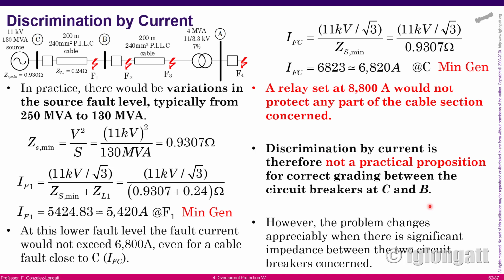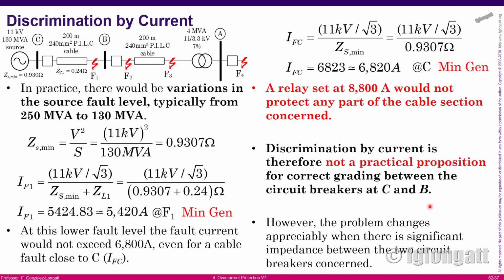And that is very simple because when you are at the tail of the feeder, you have a big Thevenin equivalent impedance, so short circuit levels are low. When you move near to the generation side, the Thevenin impedance decreases and you have high short circuit levels, okay? I am talking about three-phase short circuit levels, okay?